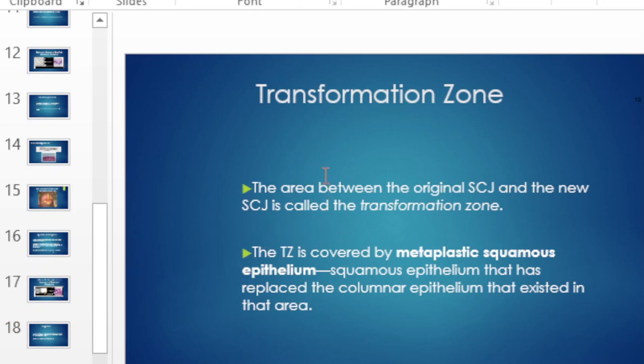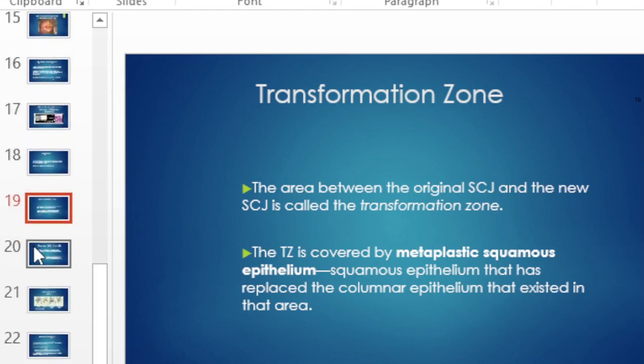Now, the area between the original squamocolumnar junction and the new squamocolumnar junction is known as the transformation zone. The transformation zone is covered by metaplastic squamous epithelium. That is squamous epithelium that has replaced the columnar epithelium that existed in that area.